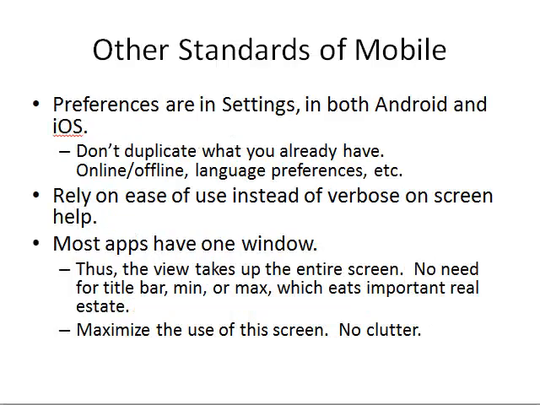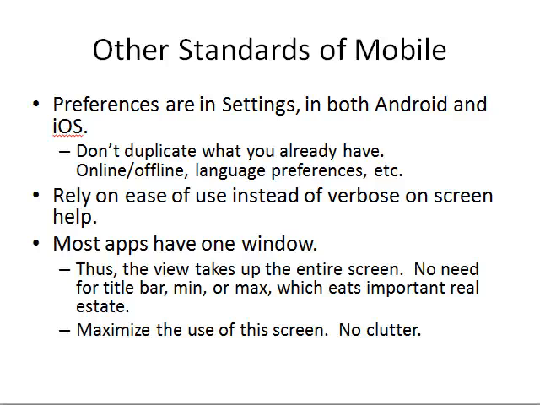Other standards of mobile: don't duplicate what you already have. For example, language preferences in Android are held centrally. This was an interesting one for me. I thought I should do an online-offline toggle and allow the user to manually toggle online and offline. But then I realized, you know what? You can set offline in Android anyway.